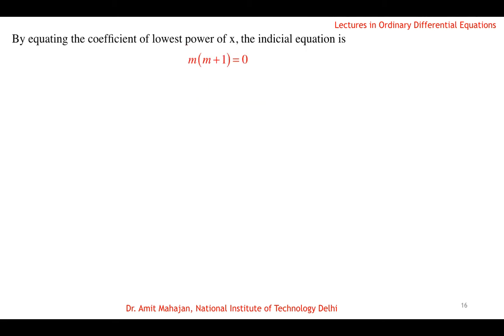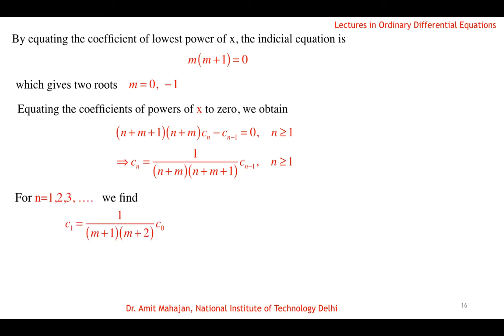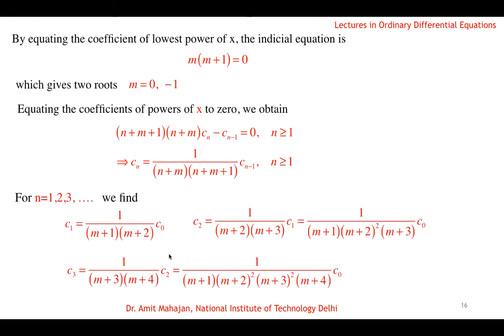Equating the coefficients of other powers of x, with n equal to 1, 2, 3, we can calculate c1, c2, c3 and so on, the other constants, in terms of c naught.